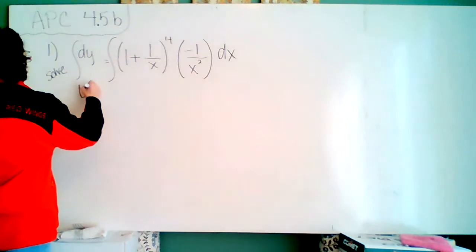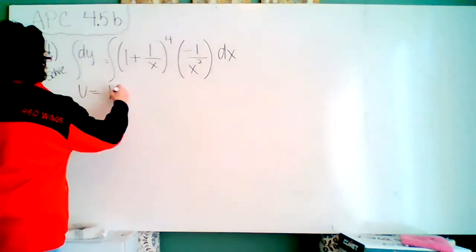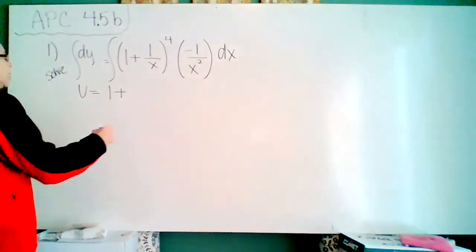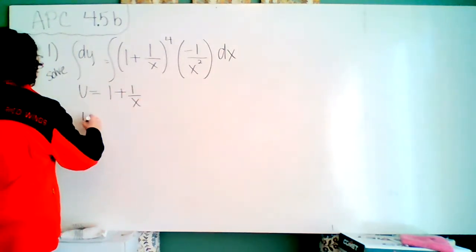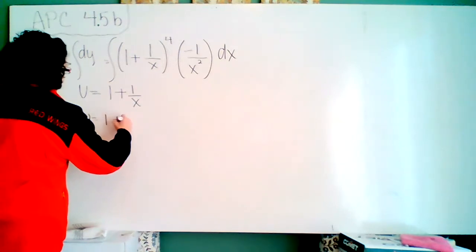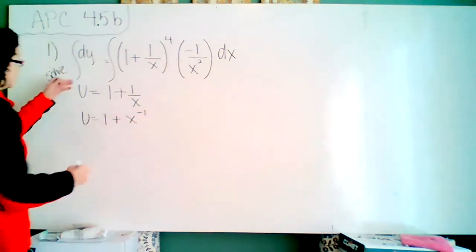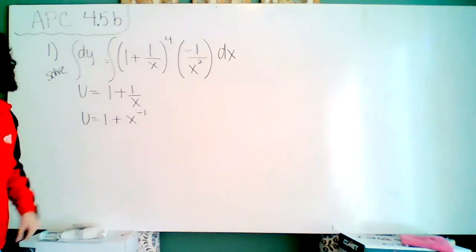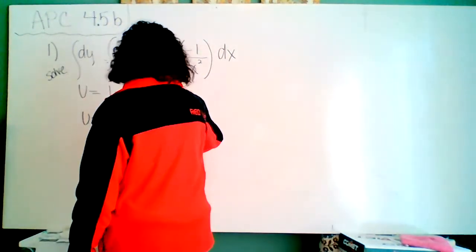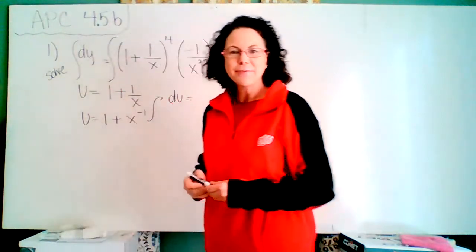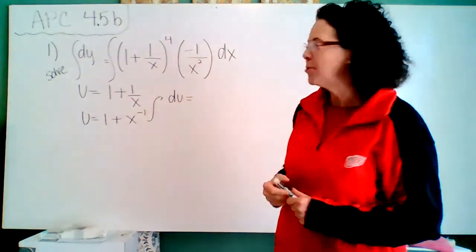Your u, which I'm getting better at choosing, is 1 plus 1 over x. Or if you don't mind, I'm going to write this just as x to the negative 1 because I'm going to do my du. So I'm just hoping that I don't have to worry about it, that actually this is going to work out well.